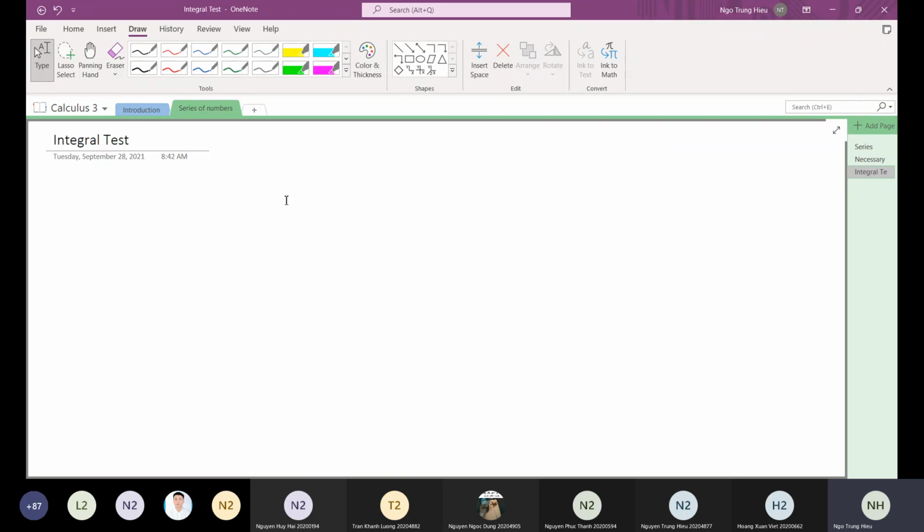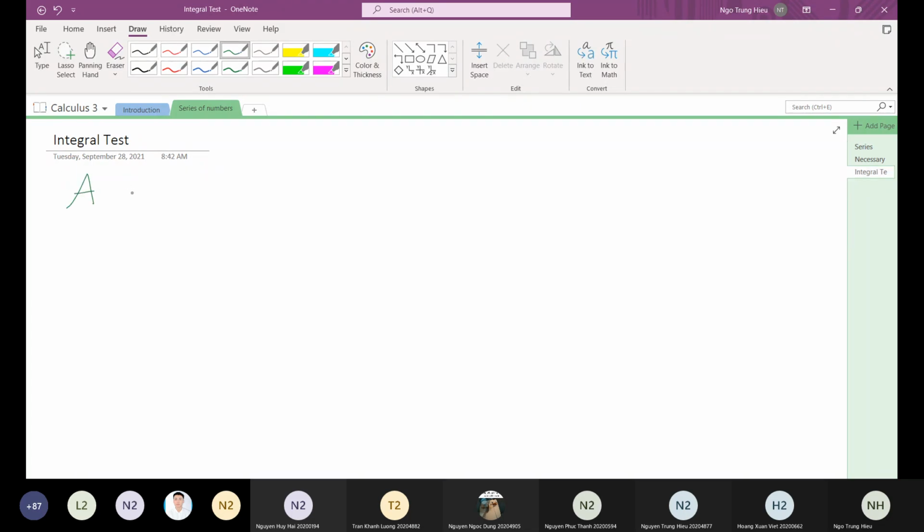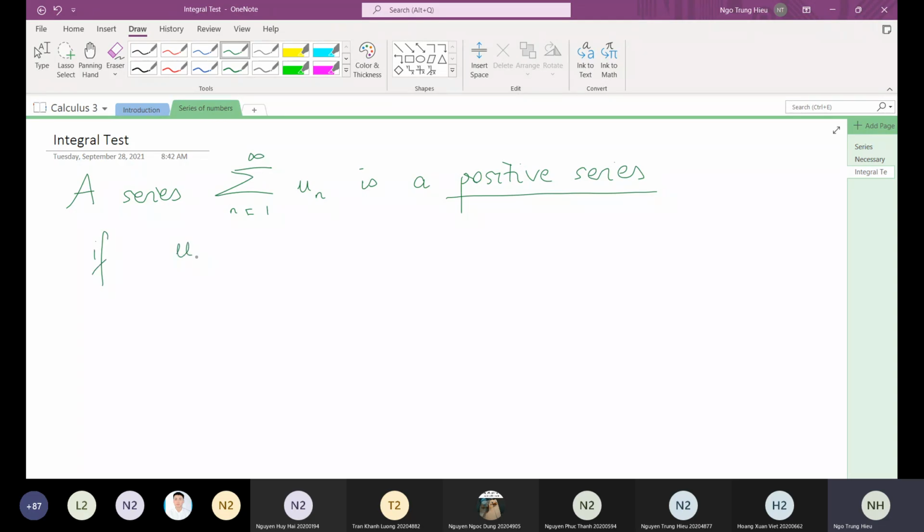So let's say a series sigma u sub n is a positive series. If the individual terms are positive numbers, it can be zero as well.